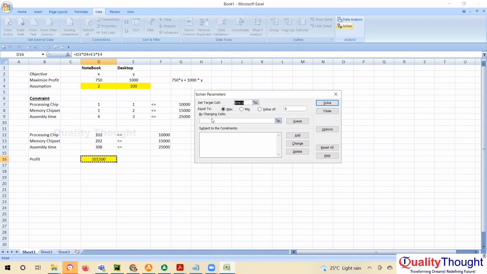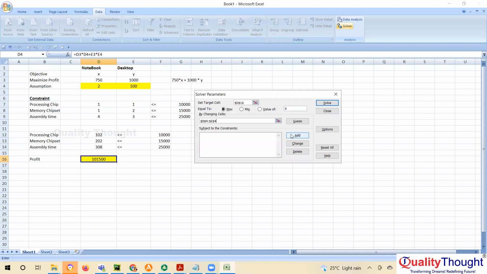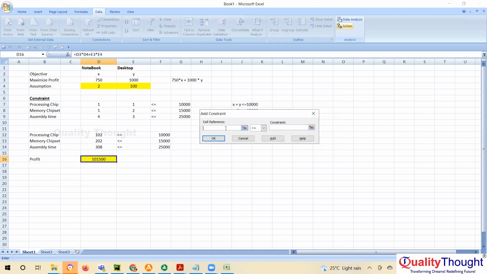So D16, yes, I want to maximize by changing these two cells, so I'm selecting these two cells. Done. Now I'm saying add constraint. Constraint, cell reference: this is the left side reference, less than or equal to, and the constraint is 10,000. So D12 has to be less than this.